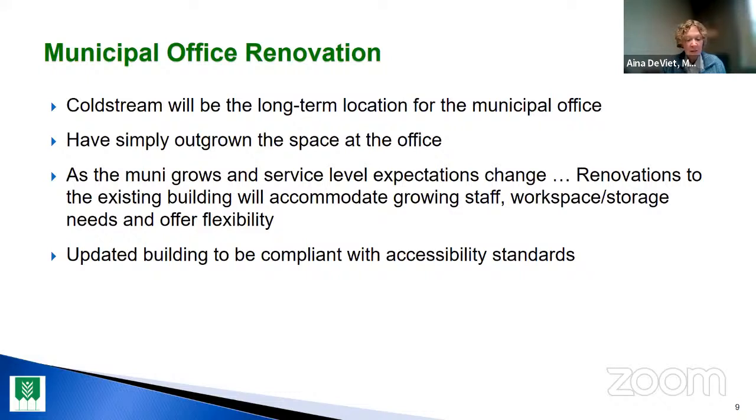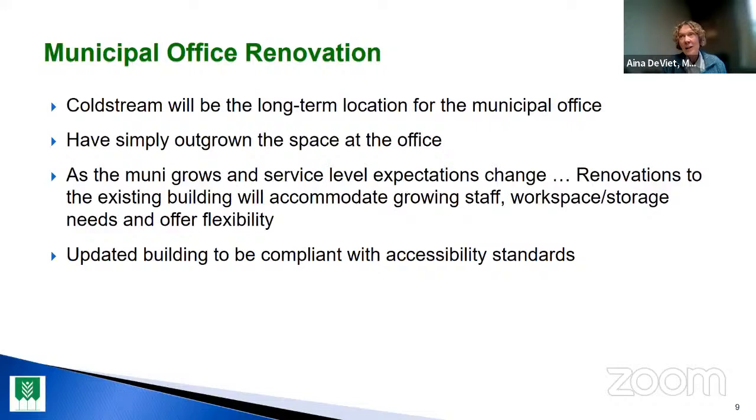Staff is really just defining needs and assessing feasibility at this point. But in light of the fact that Coldstream has been identified as a logical place to continue to locate our municipal office, the work can now go ahead. There are a lot of variables to consider. As I said, the numbers of staff are changing.